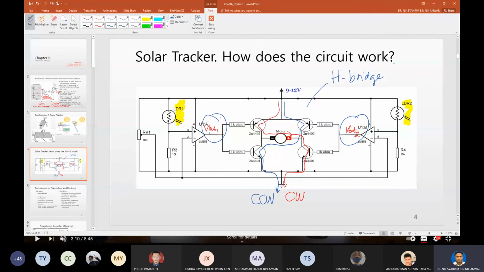It's normally used to control the direction of the motor, because a DC motor will change its direction of rotation depending on the polarity of the voltage applied. You will know this if you have somehow disassembled your remote control car when you were still a kid, and then tried to switch the battery's orientation. You will notice that the direction of the motor changes.